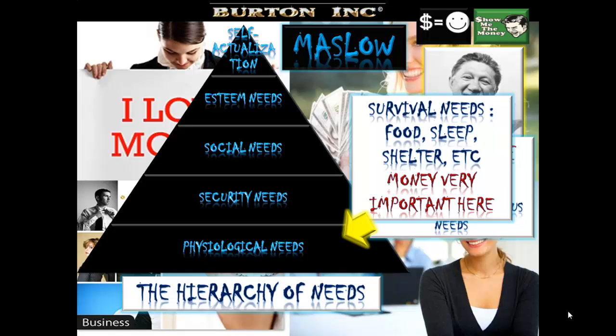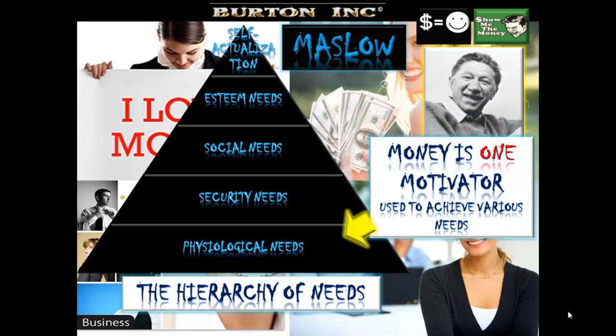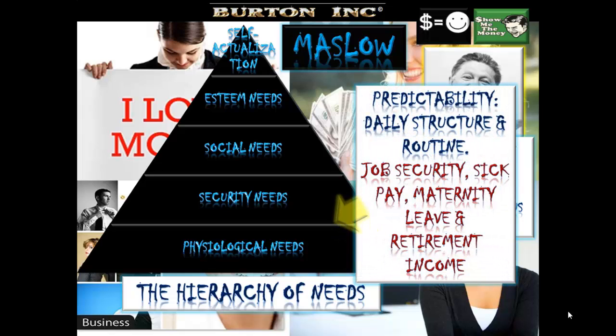Survival needs, food, sleep, shelter, etc. Food on the table, pay the mortgage, money being very important. Security needs, predictability, daily routine, daily structure, job security, sick pay, maternity leave and retirement income. These are all needs that need to be fulfilled.